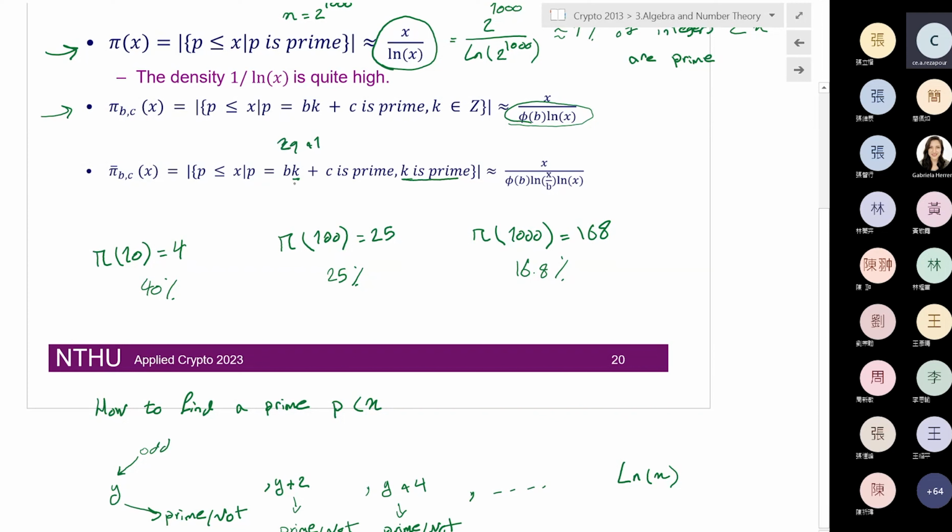And q over here is k. For this, you see that we have another factor of ln of x over b. So this is going to be a little bit more tricky and harder to find these primes. But generally, this is not a horrible for loop, and this doesn't increase much the steps that we have to follow.